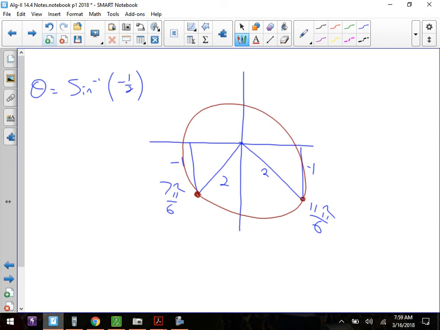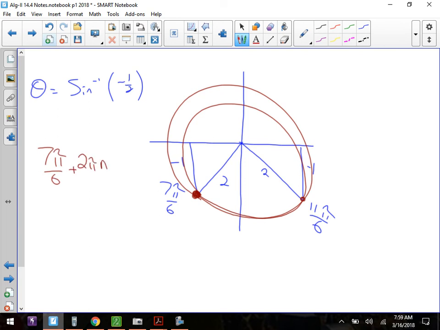No, it's not. So as soon as I say no, it's not, then what I do is, all right, how long does it take me to get from 7 pi over 6 back to 7 pi over 6? 2 pi. So your general solution would be 7 pi over 6 plus 2 pi n.